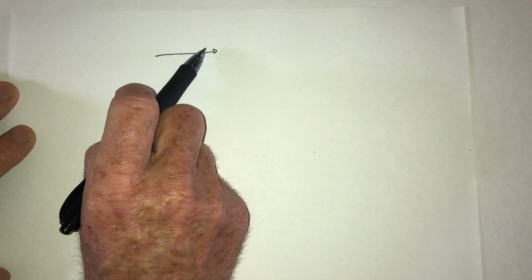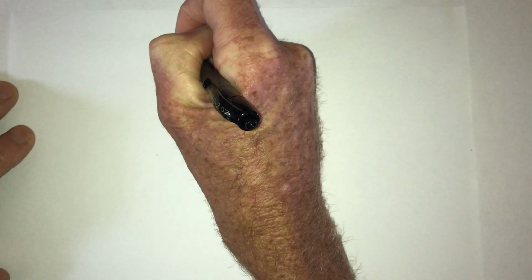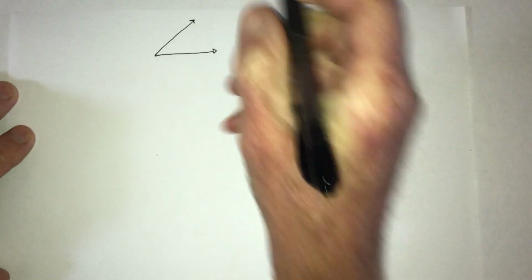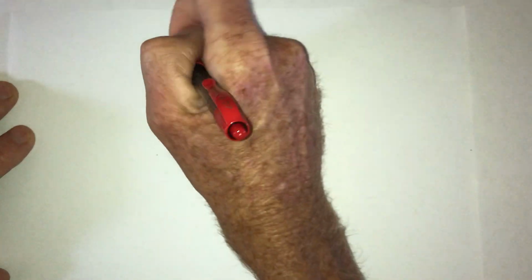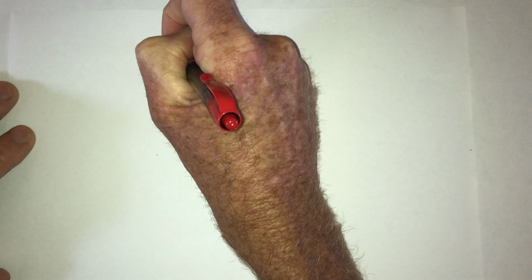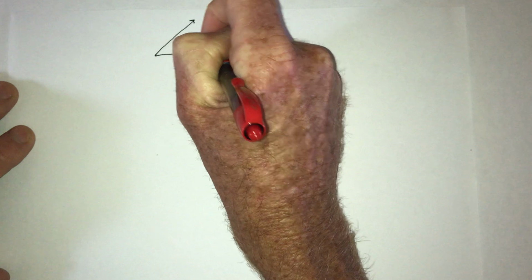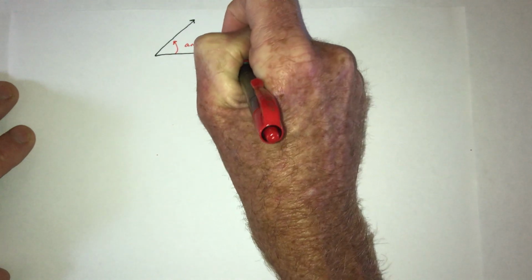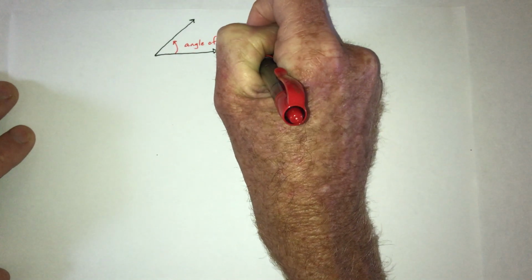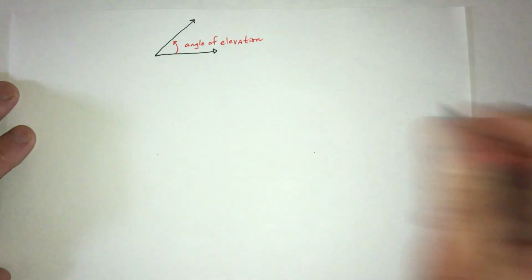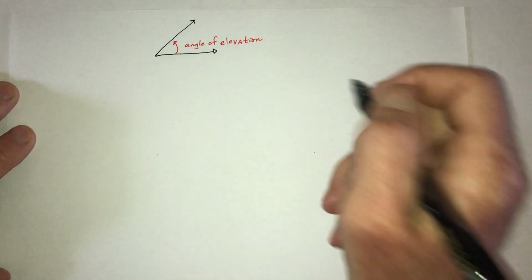And then you see a squirrel in a tree, so you look up to it. So you look up into the tree to see the squirrel. So when you look up, this angle right here is called the angle of elevation. Because you had to elevate your head to look at it, angle of elevation.